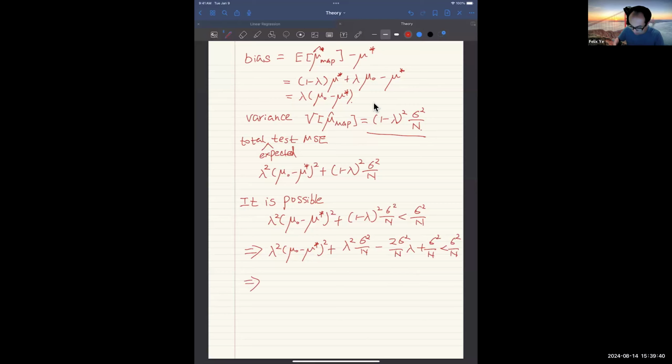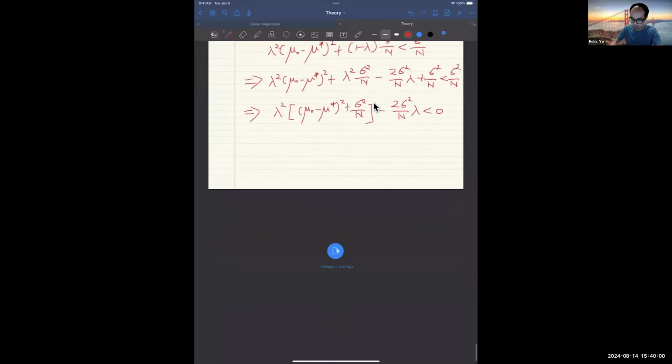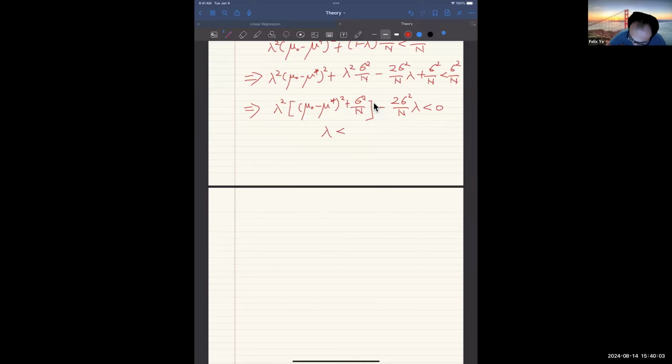We can factor out these terms: lambda times the quantity mu 0 minus mu star squared plus sigma squared over n, minus 2 sigma squared over n, less than or equal to 0. So that indicates my lambda has to be bigger than 0 and less than or equal to 2 sigma squared over n divided by the quantity mu 0 minus mu star squared plus sigma squared over n.